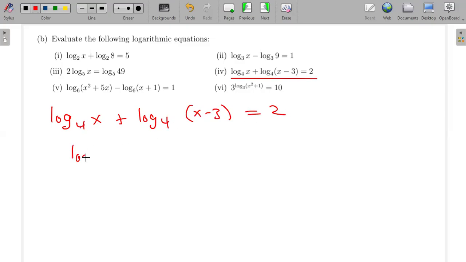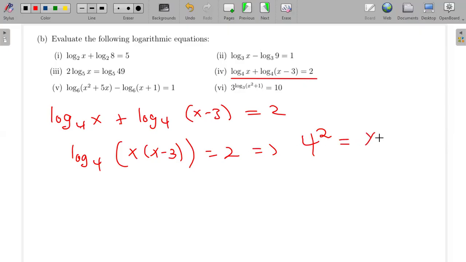So this becomes log base 4 of x multiplied by x minus 3 is equal to 2. Change to exponential, we get 4 to the power 2 is equal to x squared minus 3x. So this will just give us a quadratic, x squared minus 3x minus 16 is equal to 0, because 4 to the power 2 is 16.